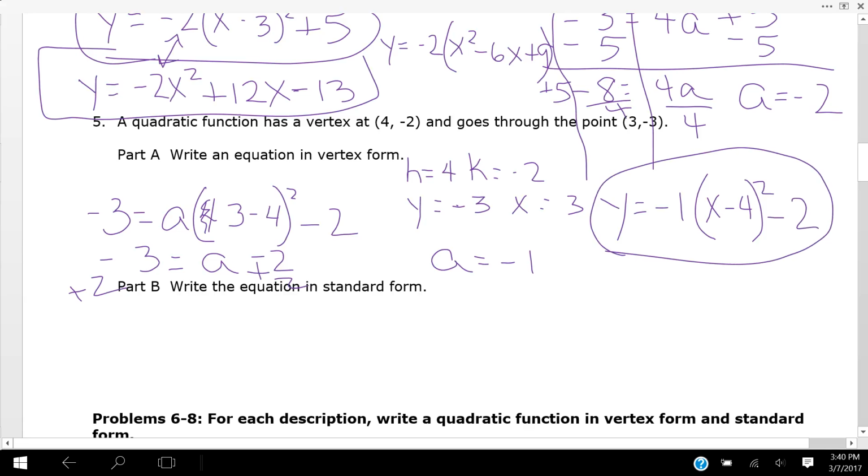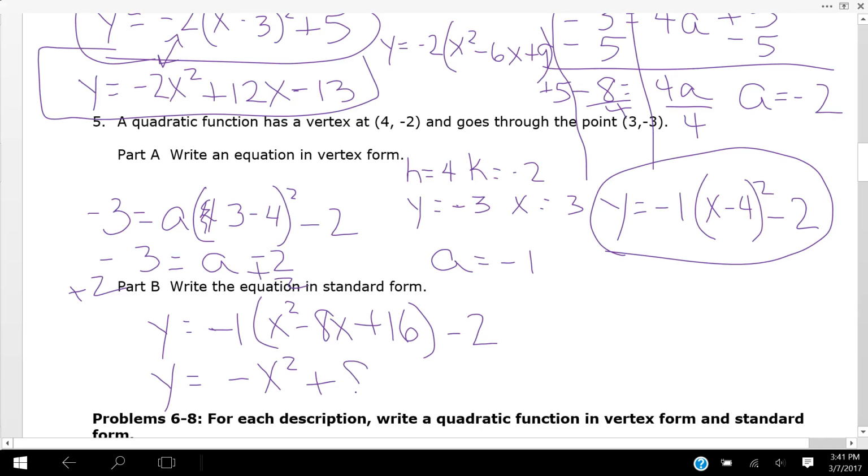And then I'm going to work that all the way out, and I'm going to end up with y equals negative 1 times x squared minus 8x plus 16 minus 2. Y equals negative x squared plus 8x minus 16 minus 2 makes minus 18.